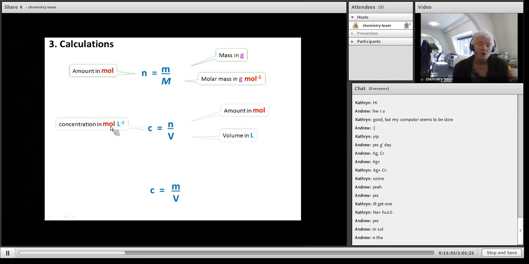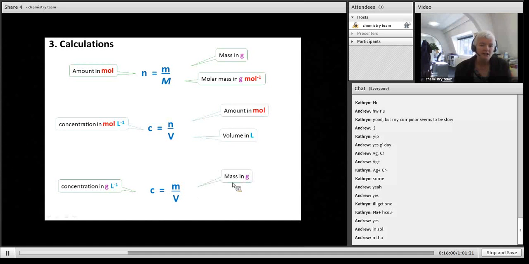And then this is a new one, which you may not have come across, but it's just combining those two. It's when we have concentration in grams per liter, because you could be given grams per liter, because you're expected to be able to work out moles if you're given grams. So if a concentration is in grams per liter, then it's simply the mass in grams instead of the amount, divided by the volume.